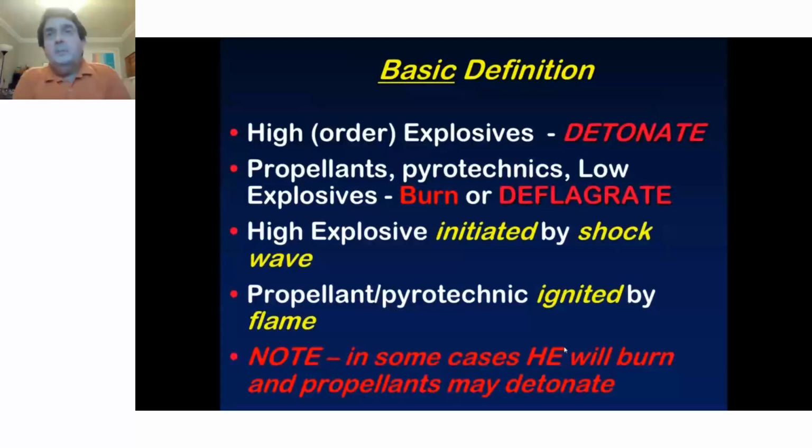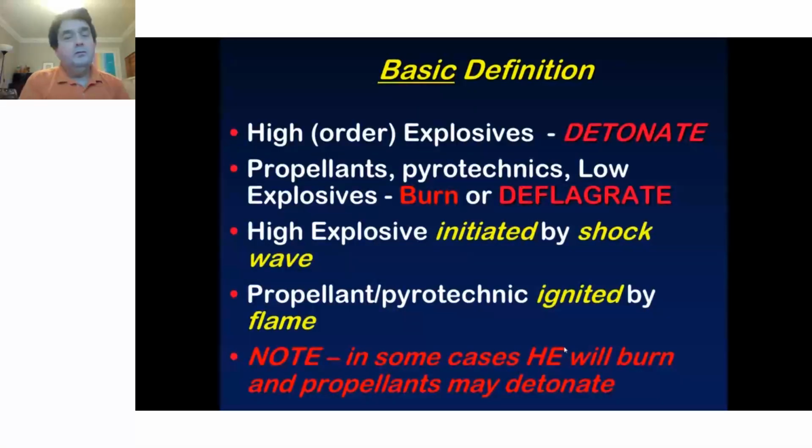Now, these are okay in terms of general classification. However, one important thing that's come out over the years is that in some cases you can get a high explosive to burn. If it's in unconfined conditions and not able to self-confine, it can burn quite easily and without any danger. However, it has also been shown that if you get a fragment impact or if you get a damage in the system, that propellants, for example, may detonate.